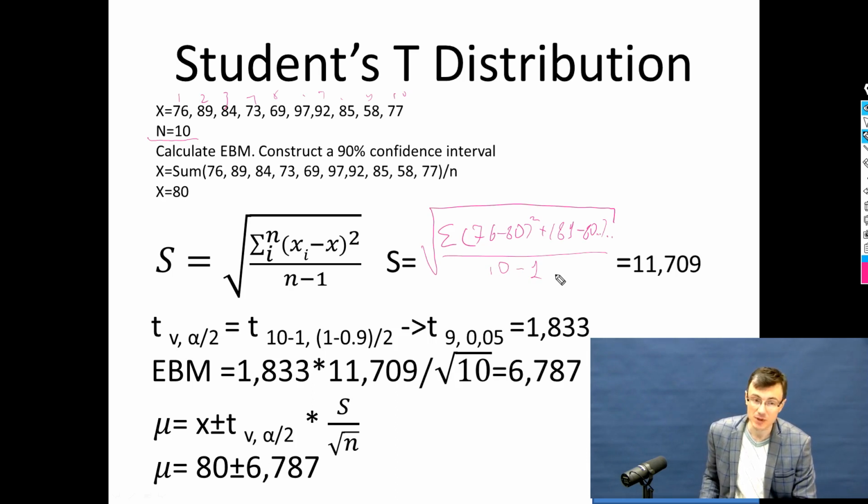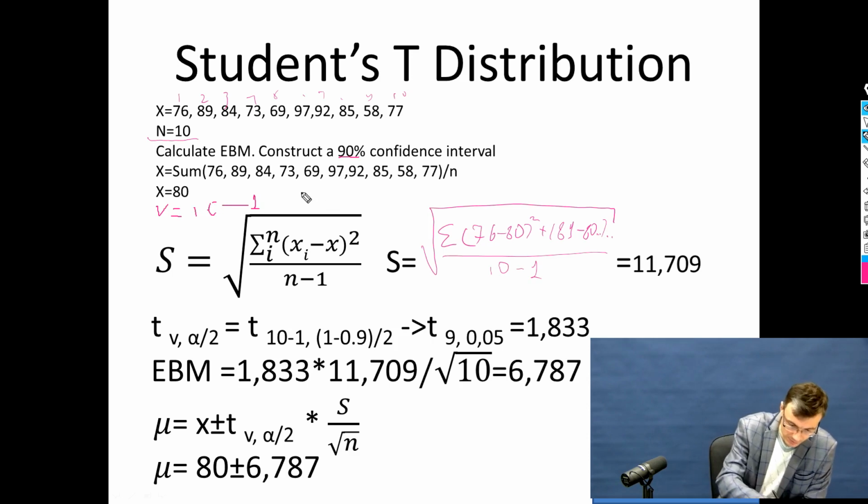Of course, we're using the standard table as in the previous example. So let's go. It will be a 90% confidence level, and our n will be, and v will be n minus 1, will be 9.